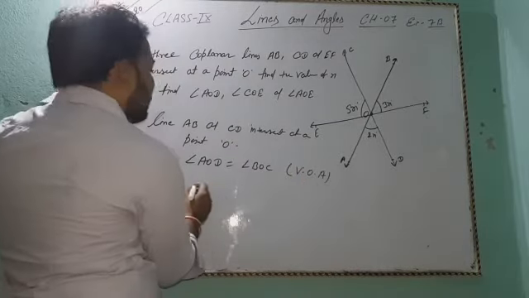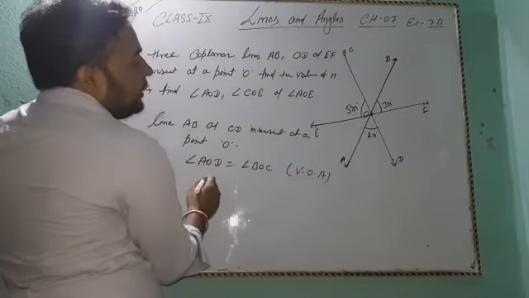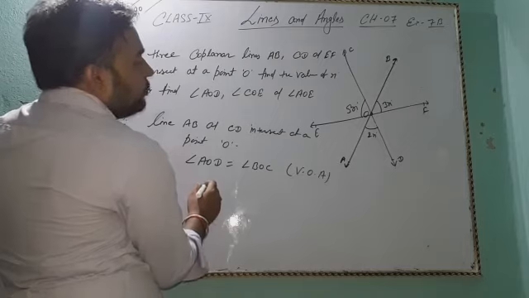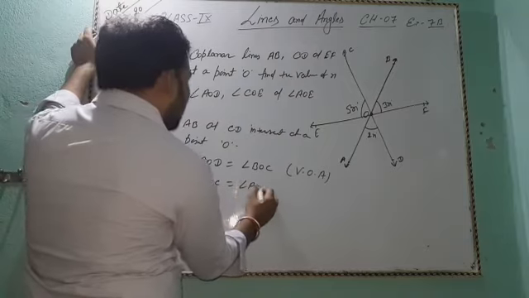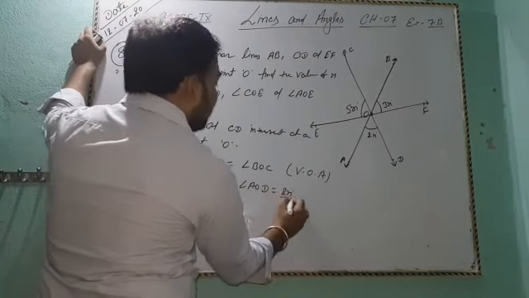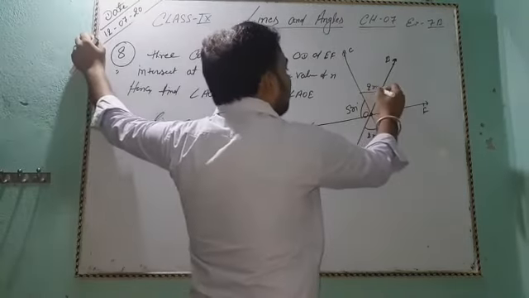So angle AOD equals angle BOC equals 2x degrees. So this angle equals 2x.